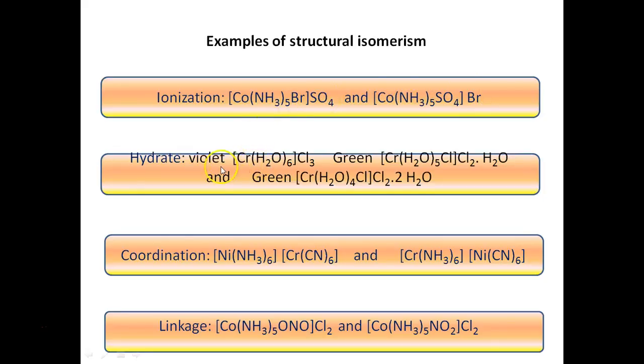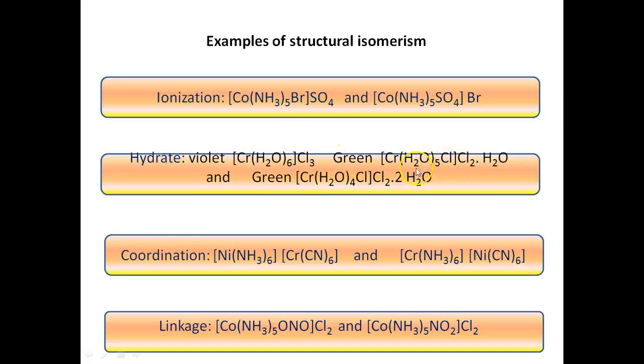Next comes hydrate isomerism. Hydrate isomerism is the difference in the number of water molecules inside the first coordination sphere. Say here there are 6 water molecules and no chloride ion inside the coordination sphere, and the positive charge of chromium is satisfied by these 3 chloride ions.